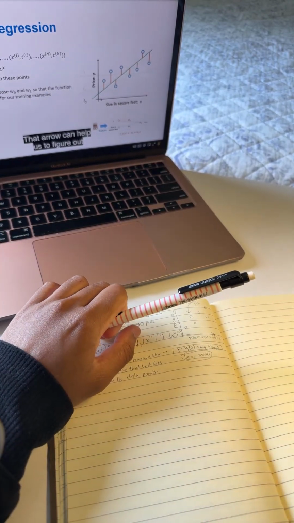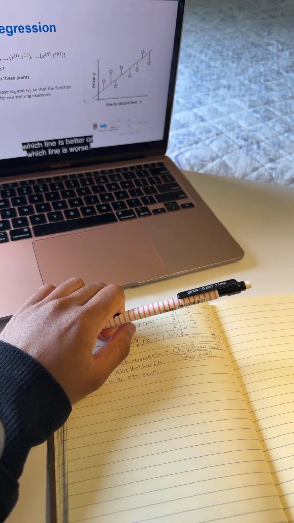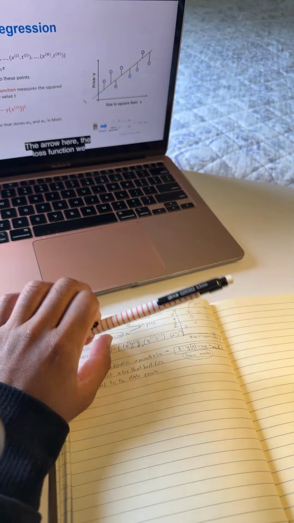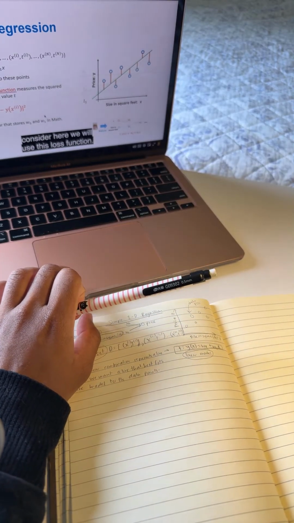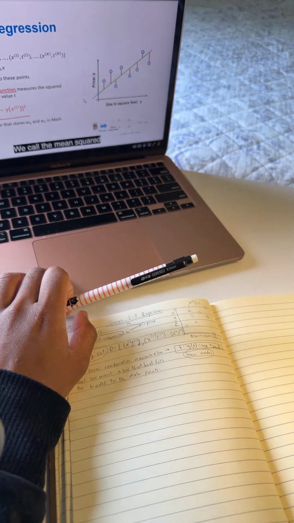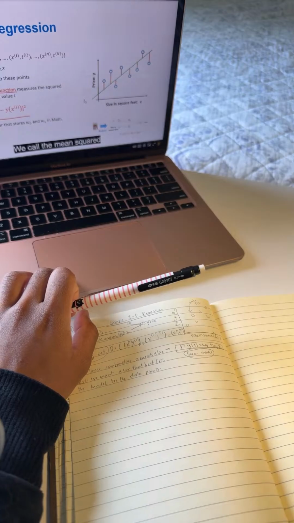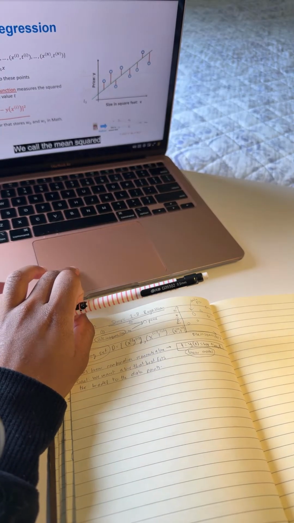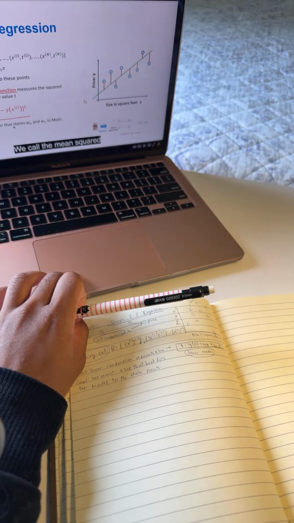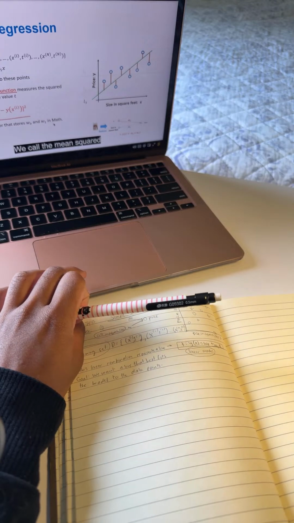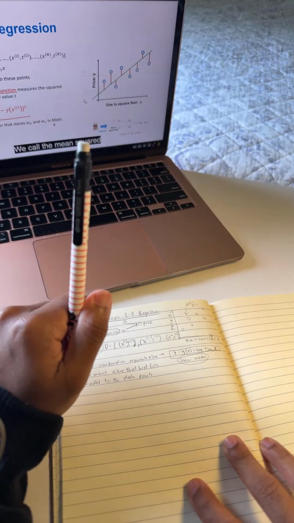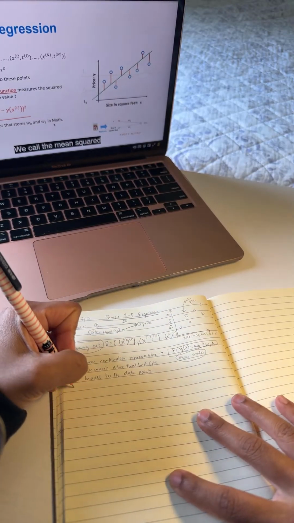That error can help us figure out which line is better or worse. So the loss function we consider here, we will use this loss function. The standard loss, cost, or objective function measures the squared error between y and the true value t, where the two weights are stored in a vector. So this is the standard loss function. It's very important.